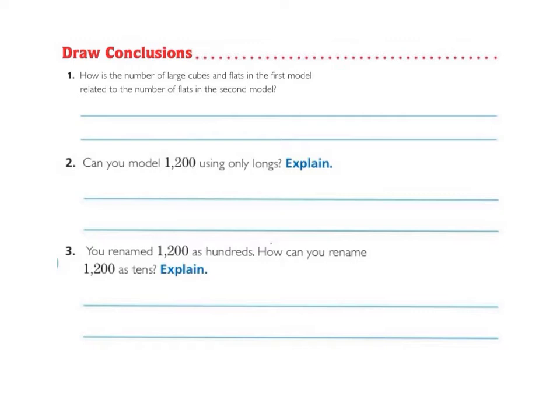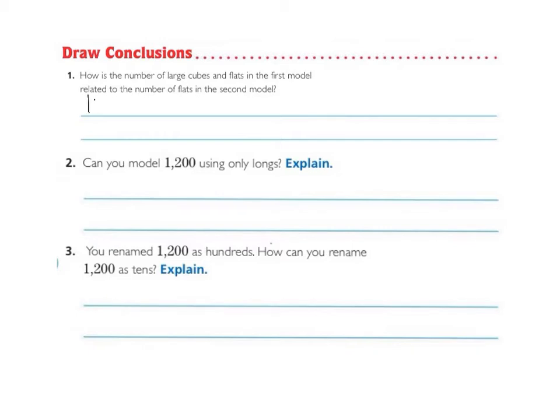Let's answer some questions about what we just did together. Our first question is, how is the number of large cubes and flats in the first model related to the number of flats in the second model? Well, in the first model, we had 1 large cube, which was worth 1,000. And in order to make 1,000, I need 10 flats.